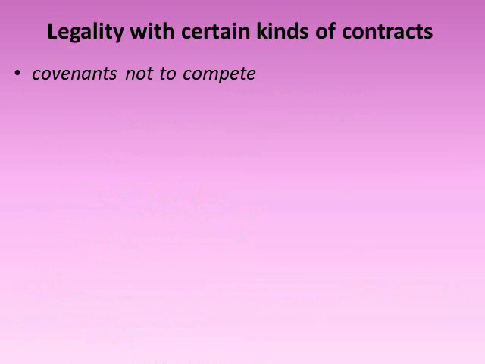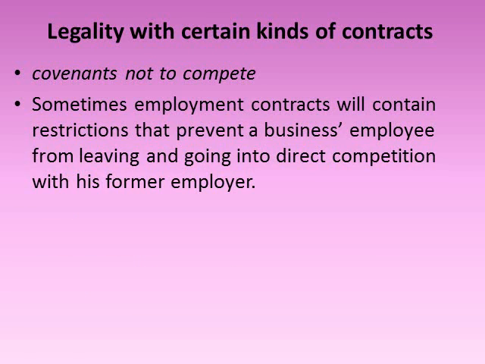Another type of contract we might have legality problems with is called a covenant not to compete. What happens in this situation is usually some kind of employment contract, and that will contain restrictions that prevent a business's employee from leaving and going to a competitor, to a company that's in competition with the employee's former employer.